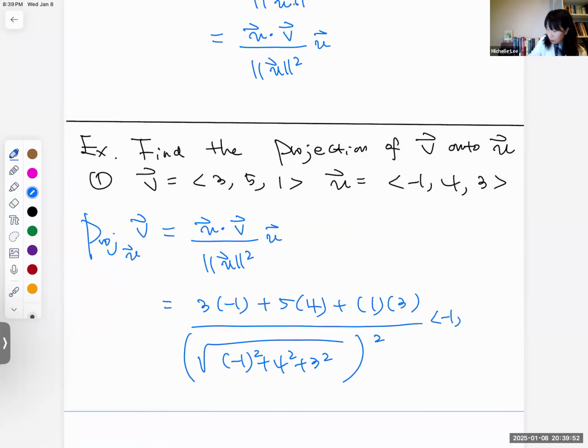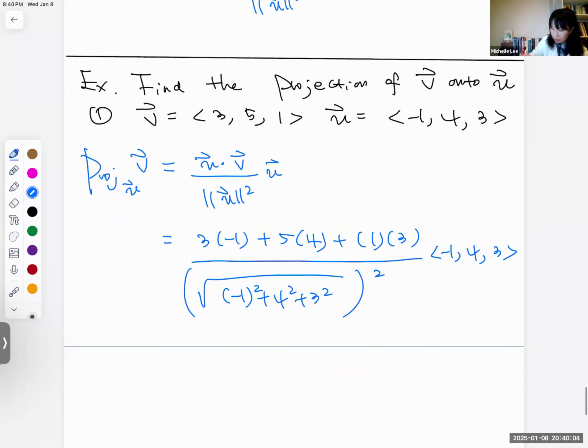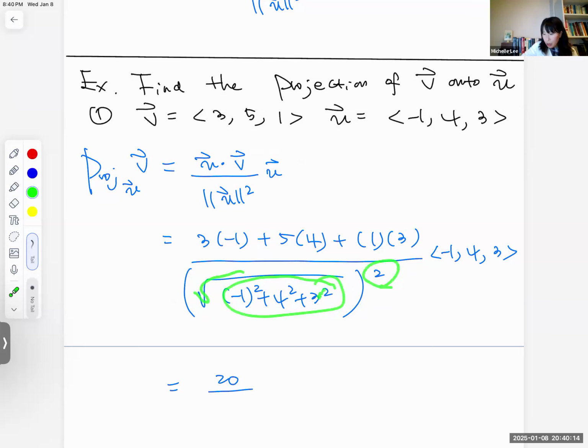Then we have (-1, 4, 3) as U. Now the numerator we have is 20. Now we can calculate this because the square root squared we can simplify.